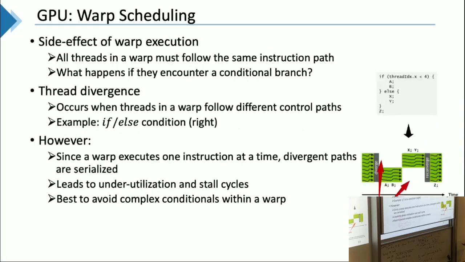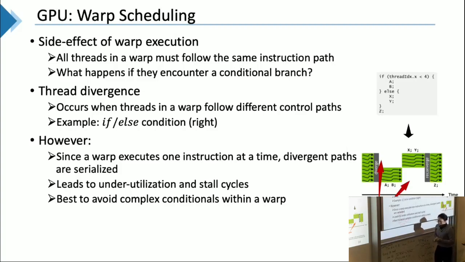The side effect of warp execution, and also the reason why you need to learn this concept of warp, is that it sometimes introduces warp divergence if you're not aware of it. Let's say you have a program with some control flow, as shown here.